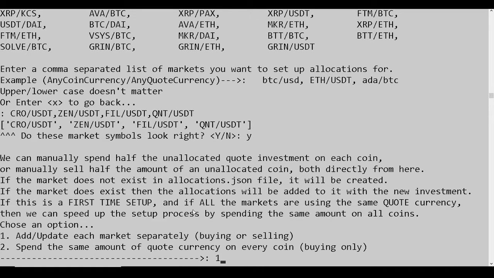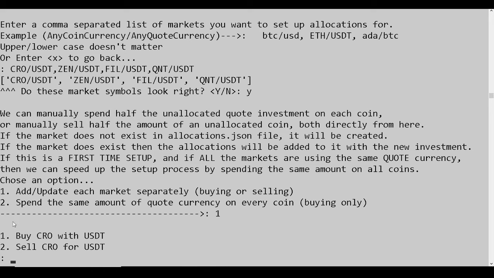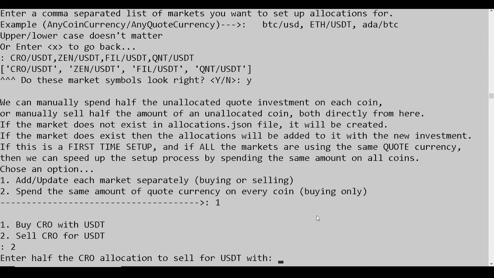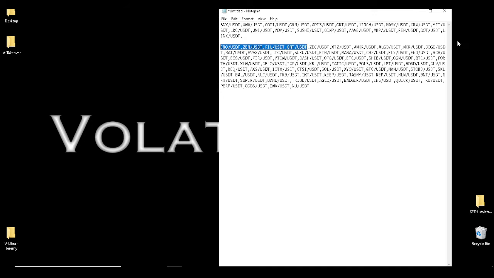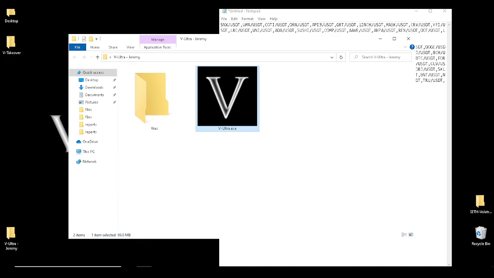So if you were to do number 1, your options look like this: buy Crow with USD or sell Crow for USD. Let's say I had a bunch of Crow and I was going to sell them to USD. Enter half the allocation. Now, I don't actually have any Crow to sell, so I'm not going to do that right now.